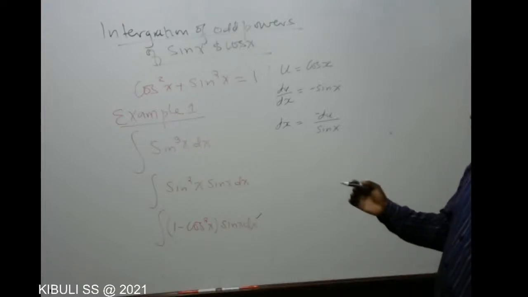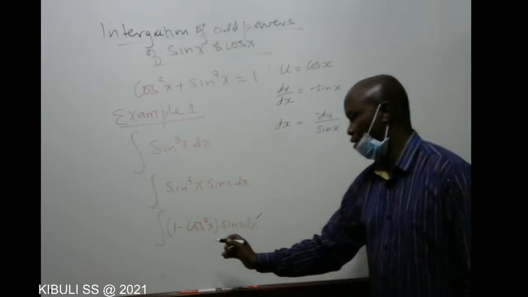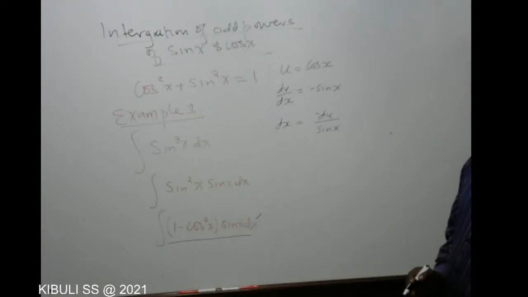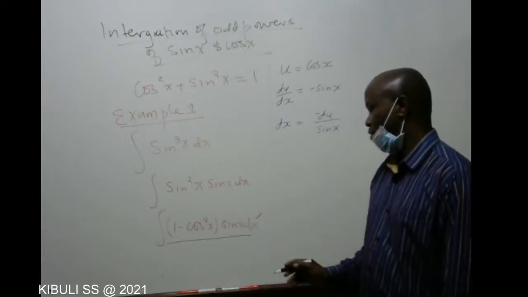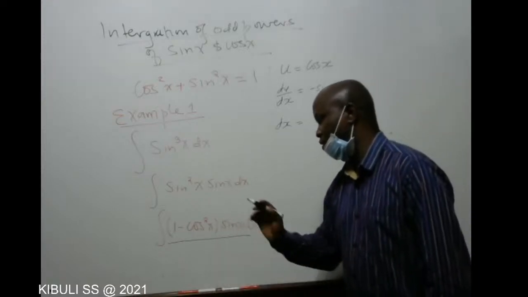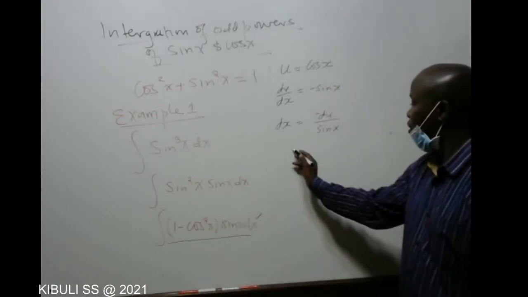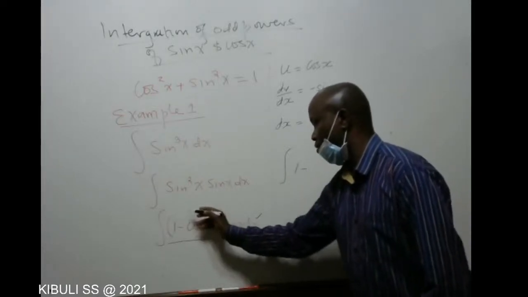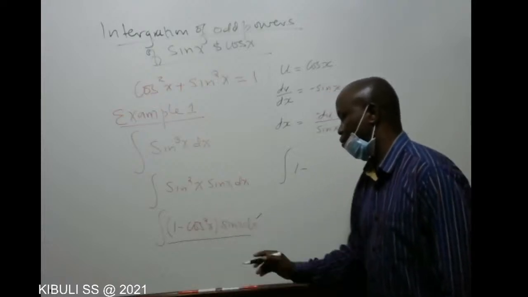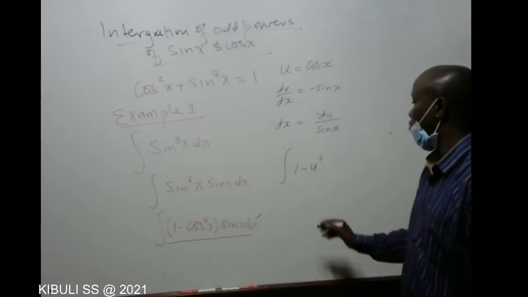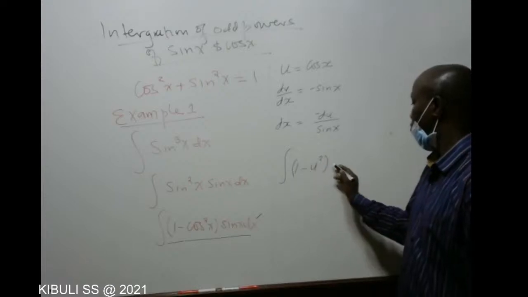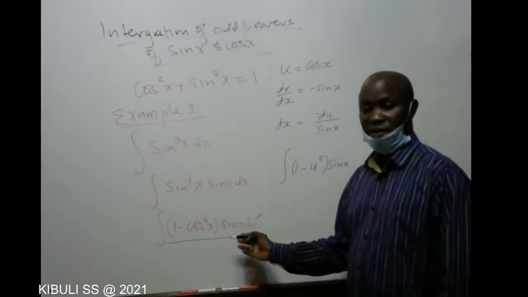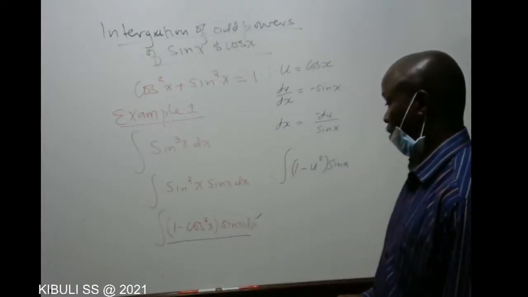Then we shall recall our principal equation, which is this one here. I have dx, and remember I have cos x as u. So I'm going to have now the integral of 1 minus cos x squared, but now cos x is u. So it becomes what? u squared into sin x. Sin x is a derivative. You don't substitute for it.